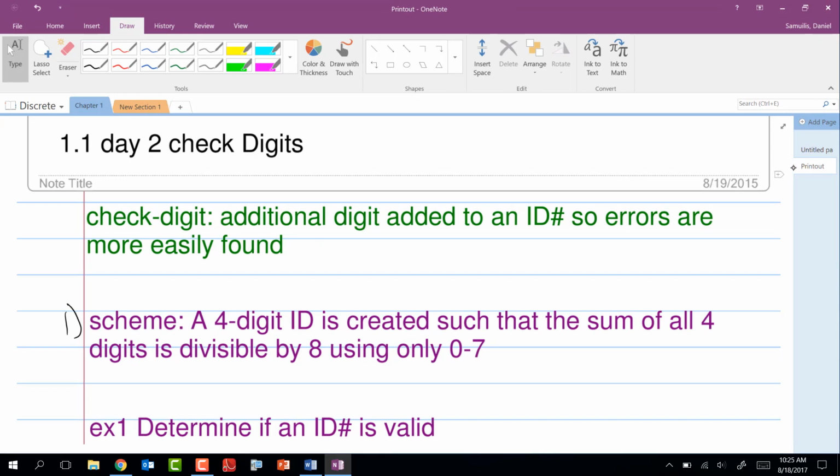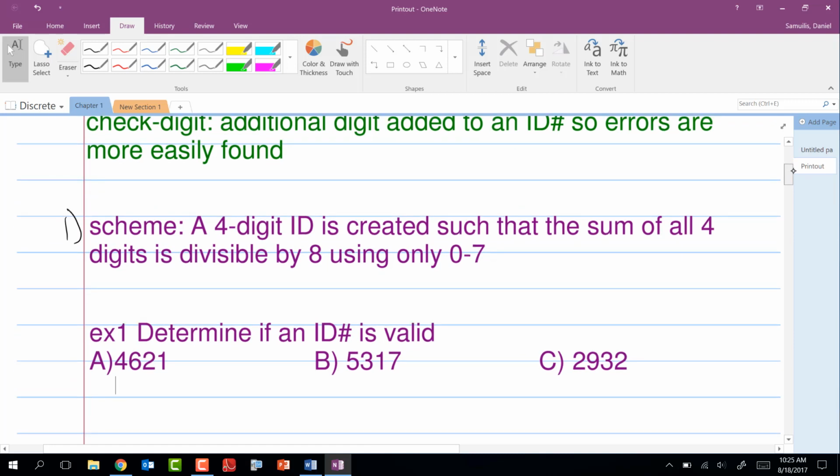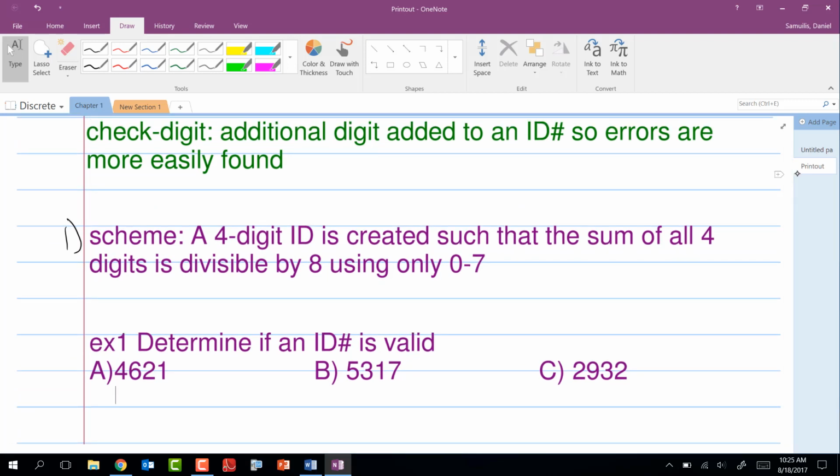All right. Now the first one, I do color code these because they're all different schemes. And as of right now, all you have to have memorized up to this point is not a social security number per se, but knowing that the first 3 digits of a social security number is what area you're from. And then that's enough. And then a couple vocab words that I just went over. This scheme doesn't have to be memorized.